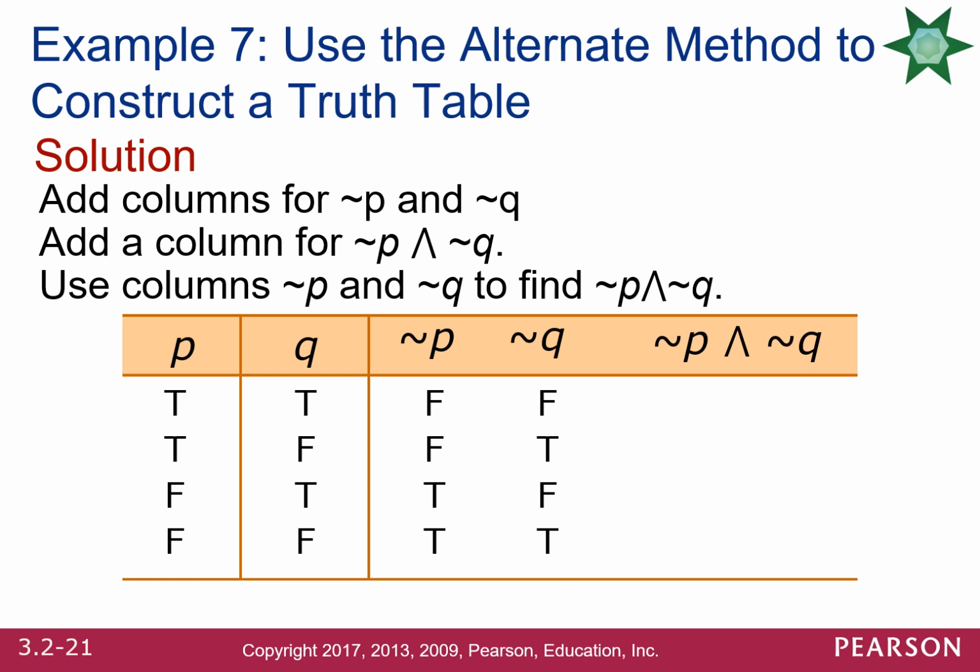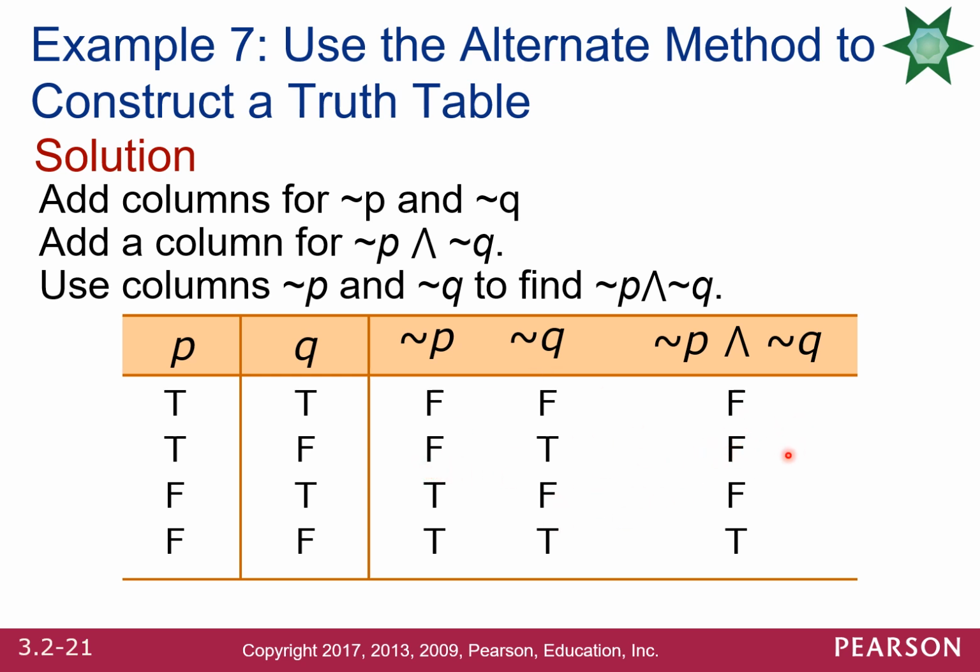All right, so it says use columns not P and not Q, so these 2 columns, to find not P and not Q. So FF is F, correct? FT, for the AND construct, even if one is a false, the result is a false.